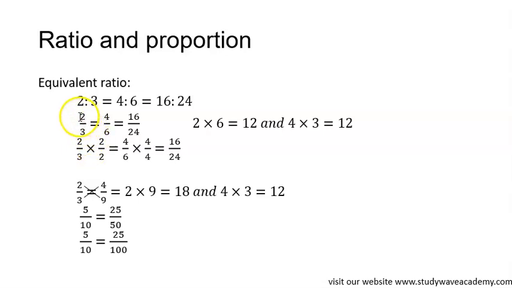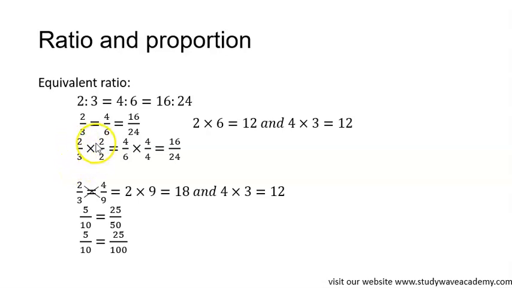So we multiply the numerator with 2 and we multiply the denominator with 2. So we arrived at 4 over 6, which is 4 ratio 6, okay? If you are multiplying the numerator with 3, you also multiply the denominator with 3, okay?